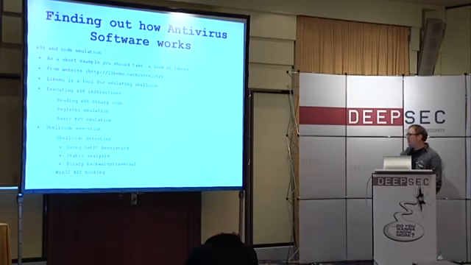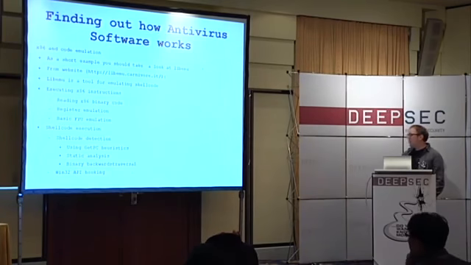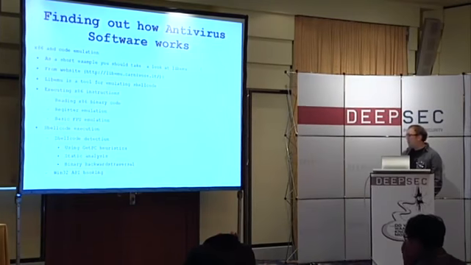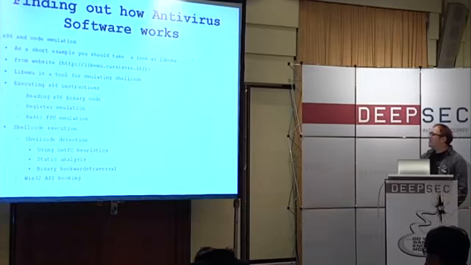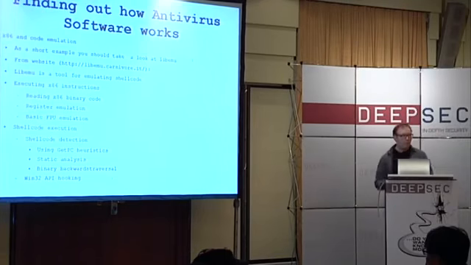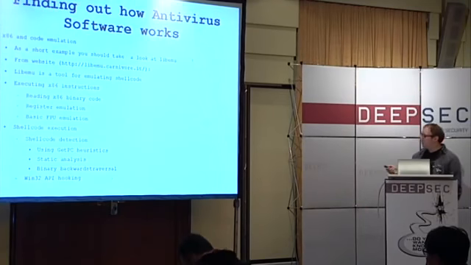It is executing the shellcode instructions, reading binary code, doing register emulation, has some basic FPU emulation, and you can write your own Windows hooks. So it's pretty simple. If you want to learn more about code emulation, this is definitely worth a look.